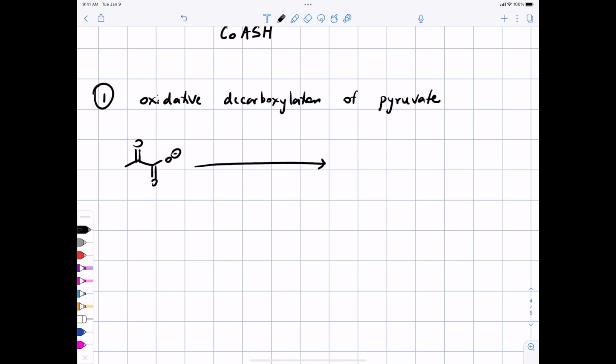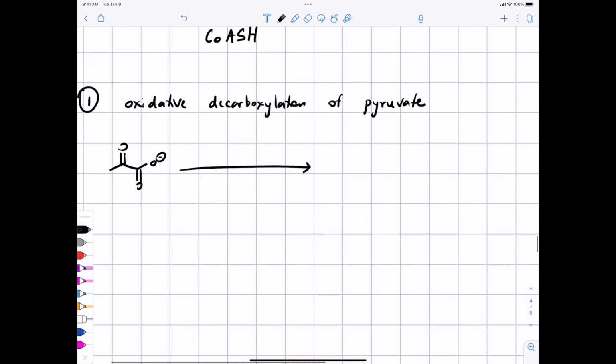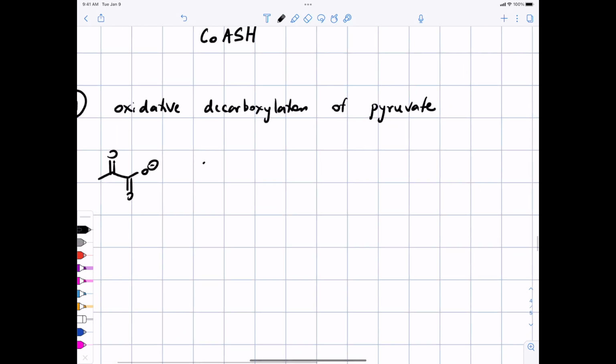This is pyruvate, and let's see. Cofactor 1 is something called lipoate. This is weird. It's a 5-membered ring containing a disulfide. And then the molecule that has that disulfide in it is called lipoic acid, and it is attached via an amide bond to a lysine side chain.